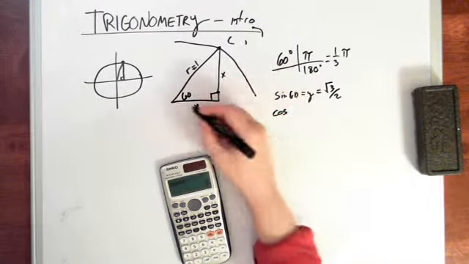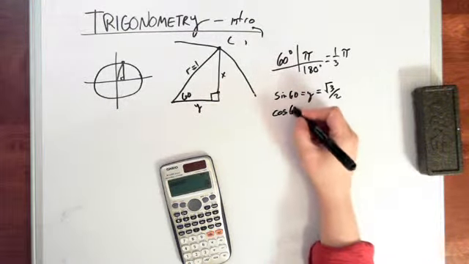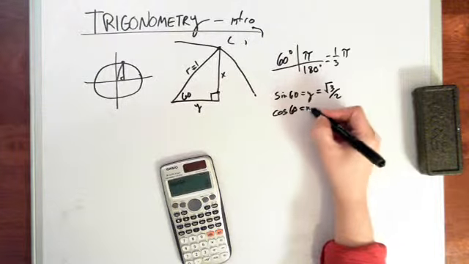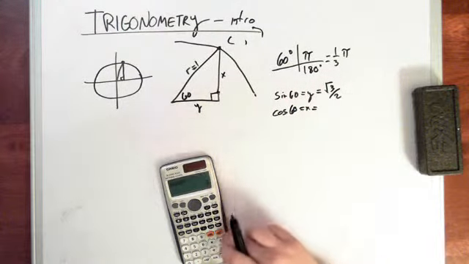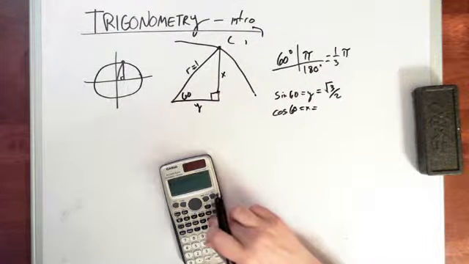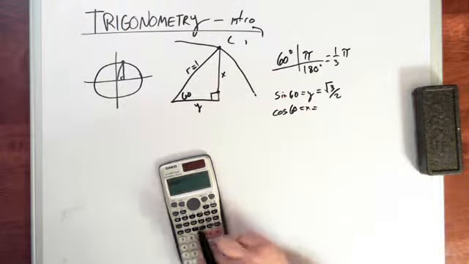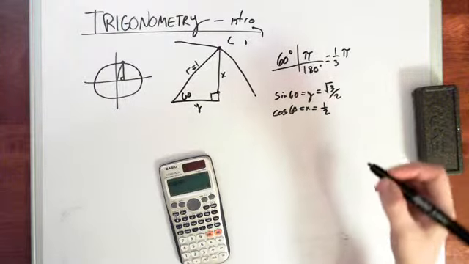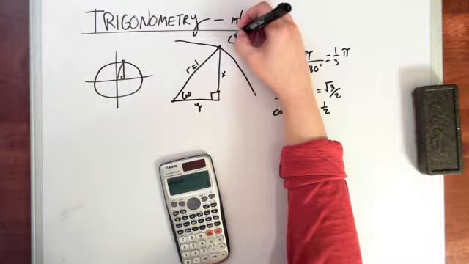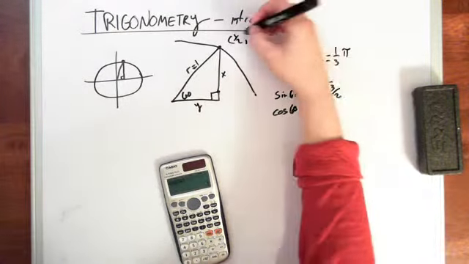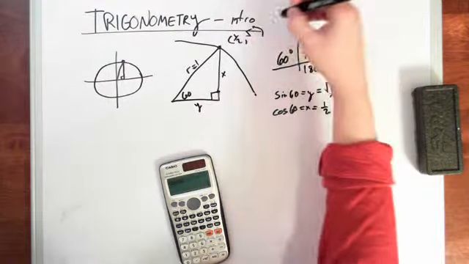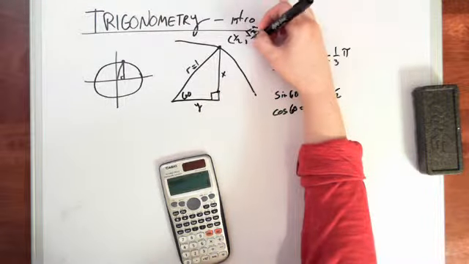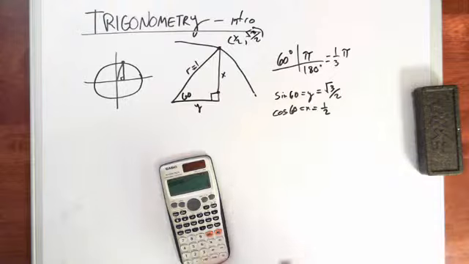And then let's look at our x coordinate. Cosine of 60 is equal to x, which is equal to 1/2. So I know this is 1/2, and this is square root of 3 over 2.